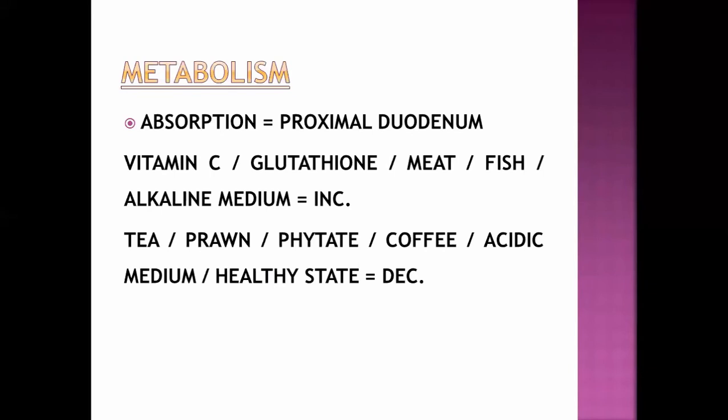Which factors increase the absorption, and which factors decrease the absorption? Presence of vitamin C, glutathione, eating of meat and fish, and alkaline medium of the duodenum: these five factors increase the rate of absorption of the iron at the proximal duodenum.